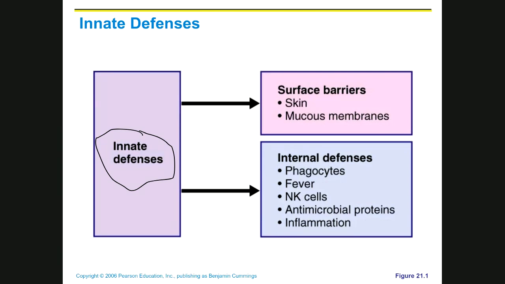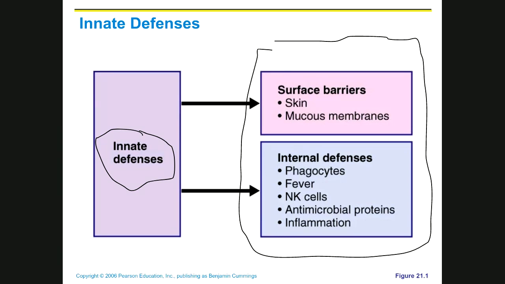So look, every single one of these is in this innate category. And remember, the advantages of the innate is they're fast. These things are always there. They're fast. And remember, you don't need any prior exposure in order for these to work.